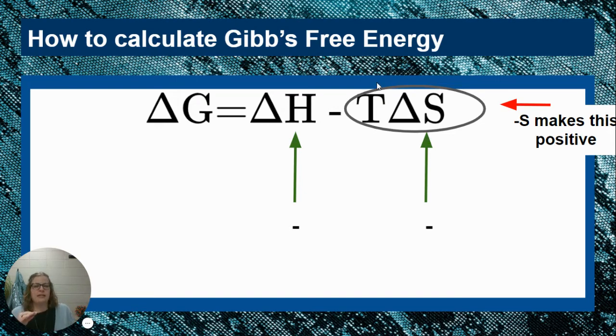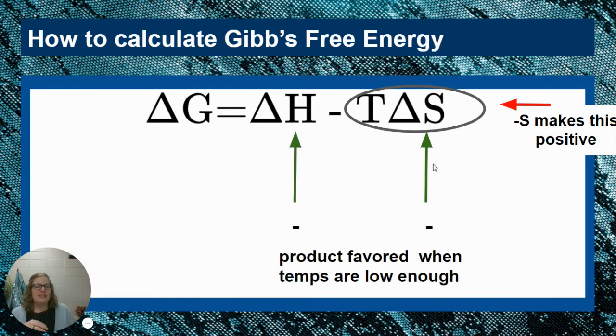What'll happen is as the temperature goes up, eventually this term will make my enthalpy's contribution not matter. So I've got to keep the temperature low enough so that my entropy effect on Gibbs free energy does not overtake my enthalpy effect. If the term on the S gets big enough, it will become positive overall and it'll make it not spontaneous or reactant favored.